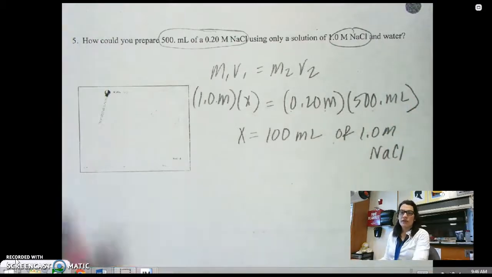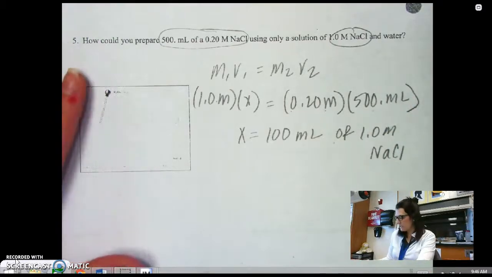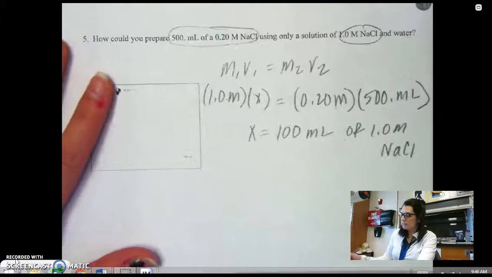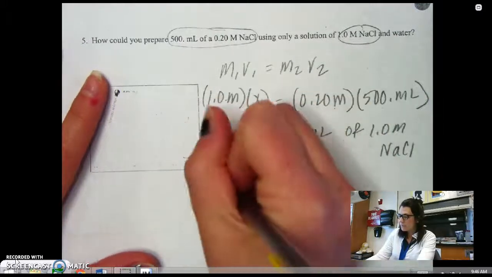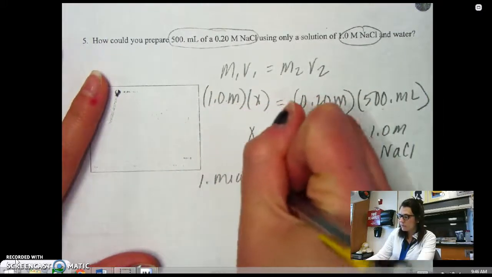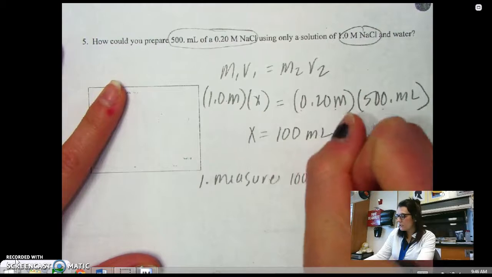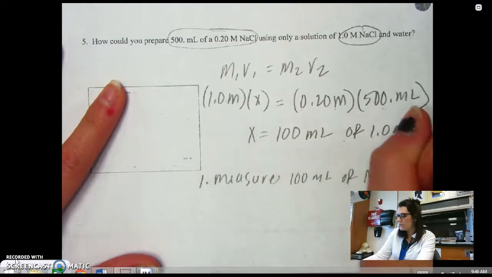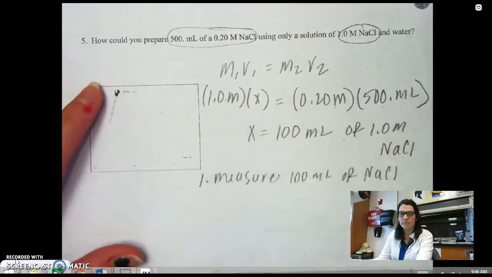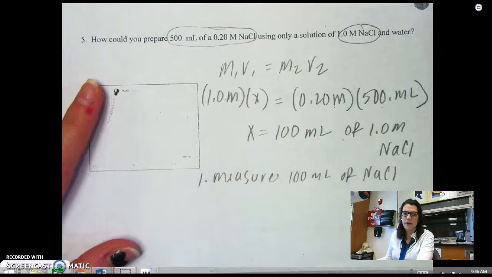Okay? So then my procedure here would look something like this. I would say, step 1, measure 100 milliliters of NaCl in a graduated cylinder. Okay.